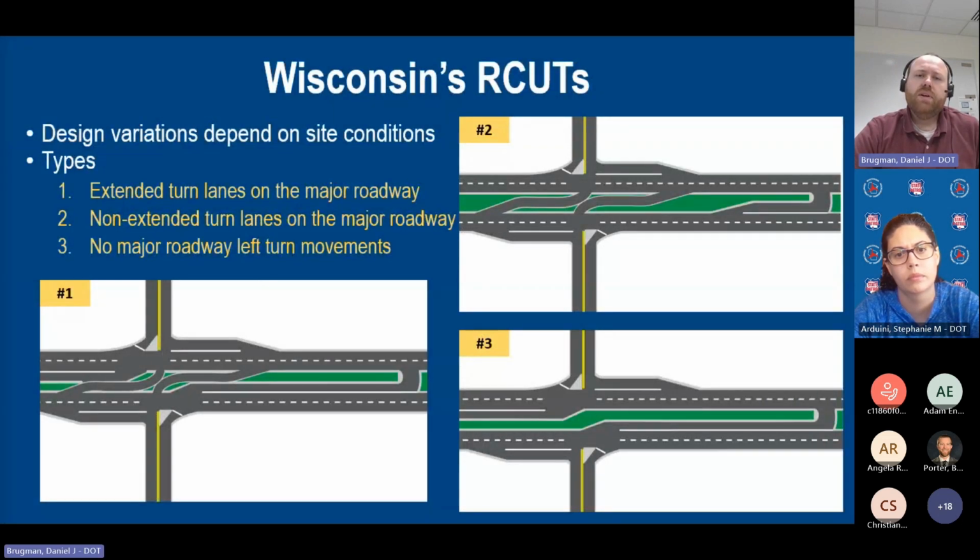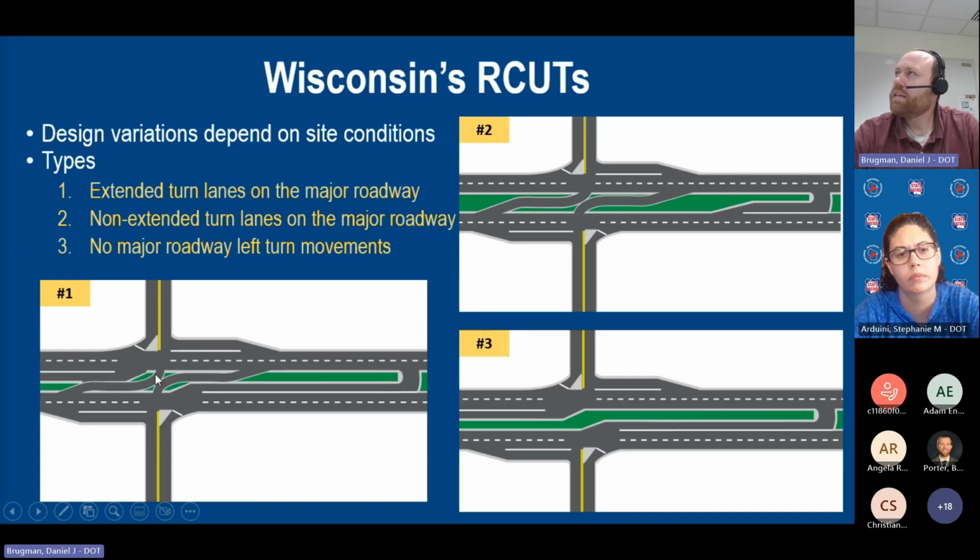So some of our Wisconsin RCUT designs, we've got several different variations. They largely depend on site conditions, curve presence, traffic volumes, and even turning movement demands and other geographical factors. In general, there are 2 main versions. Number 1 is the extended turn lanes, and number 2 is the non-extended.